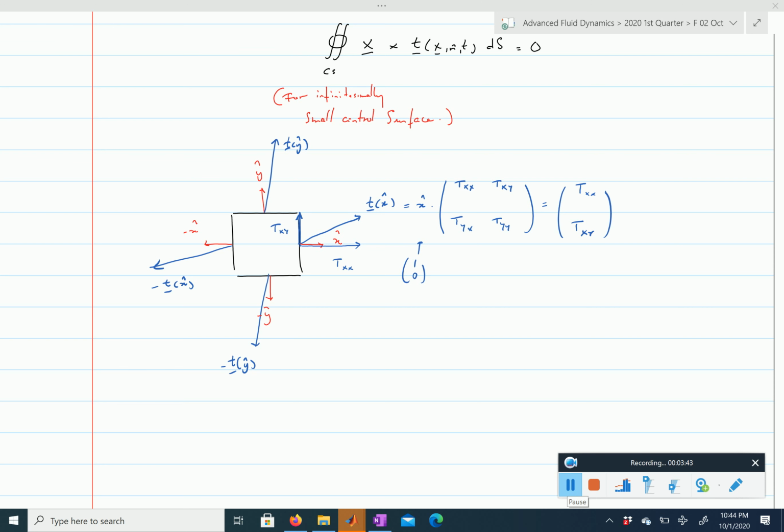I want you to note directly that when you write the stress tensor in this way, the first index, this x here, represents the direction of the normal. Here we're looking at the stress vector on a surface of normal x, and the second index represents the direction of the vector component. So this is the x component, and this here is the y component.